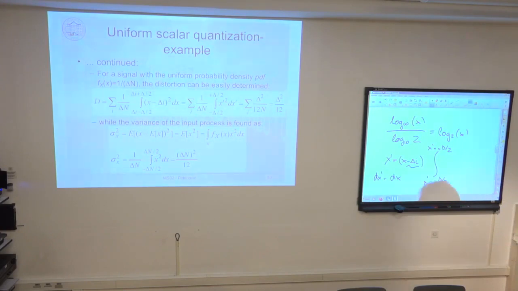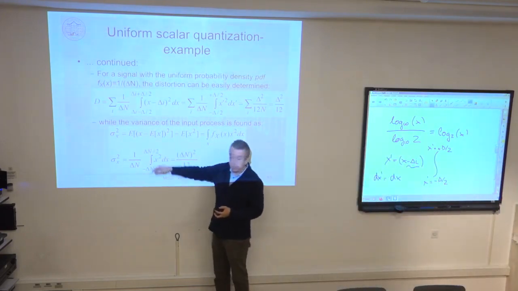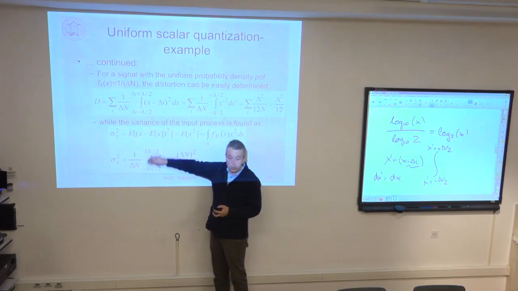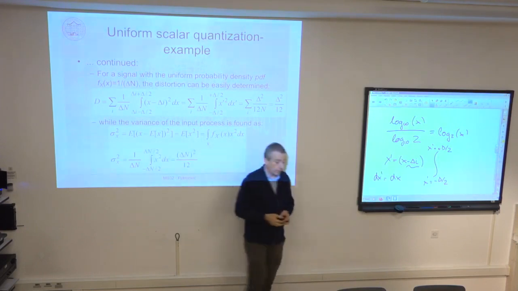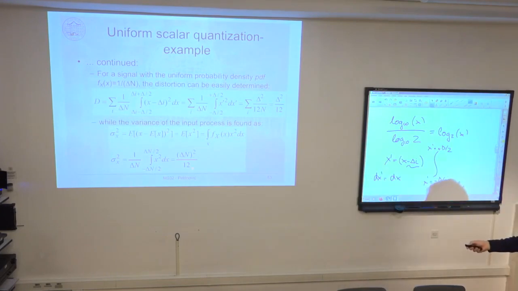Why? Because this value here is the dynamic range of the converter, -1 to +1. So the whole range is integrated, and what I get is delta n squared over 12.